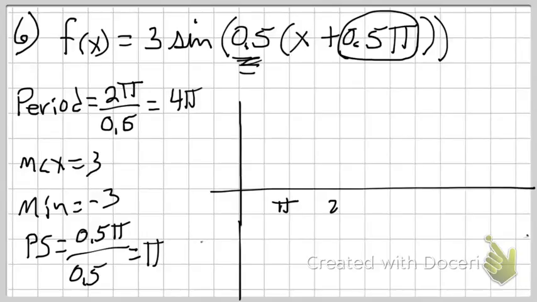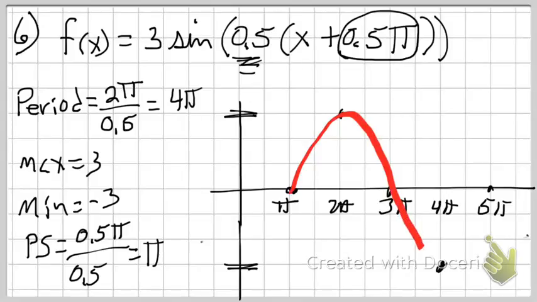Pi, 2 pi, 3 pi, 4 pi, 5 pi, and we're going to go as high as 3, and we're going to go as low as negative 3. We're going to start here. We're going to go to the maximum, to the midline, to the minimum, to the midline, and our graph is going to look something like this.